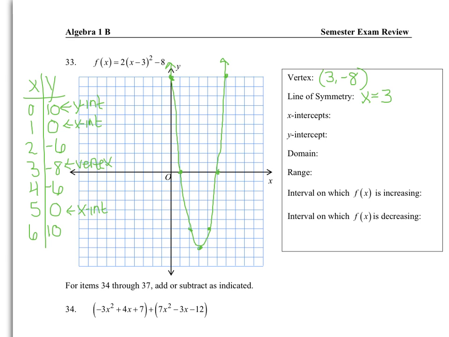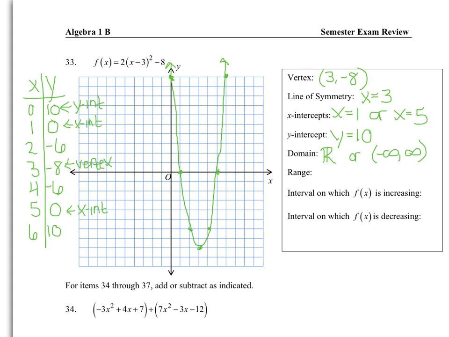So as we said, our line of symmetry is x equals 3. It's this line. Our x-intercepts are x equals 1 or x equals 5. Our y-intercept is y equals 10. Again, it's a quadratic, so our domain is all real numbers, which can be written with the R or -infinity to +infinity.